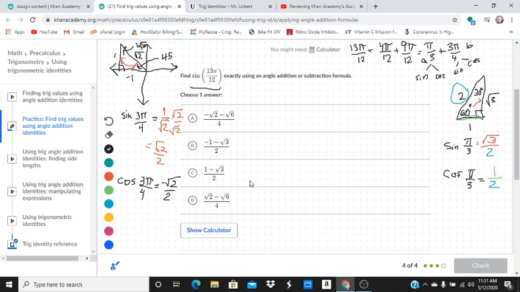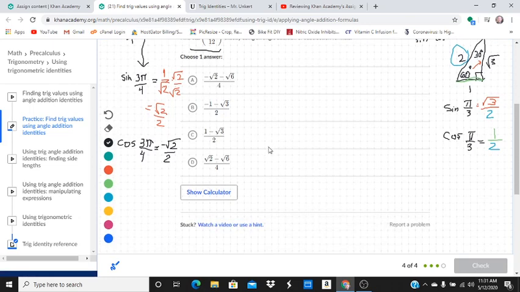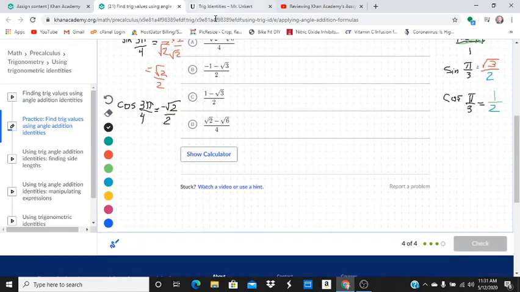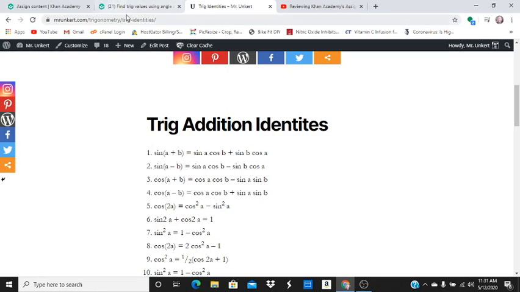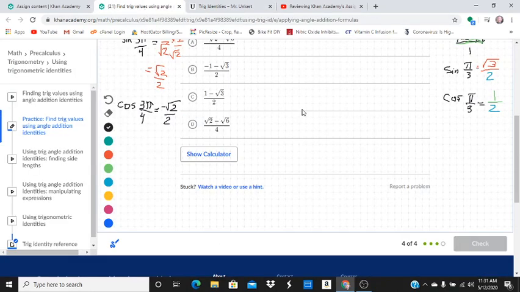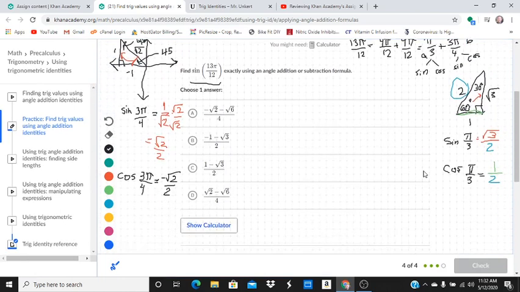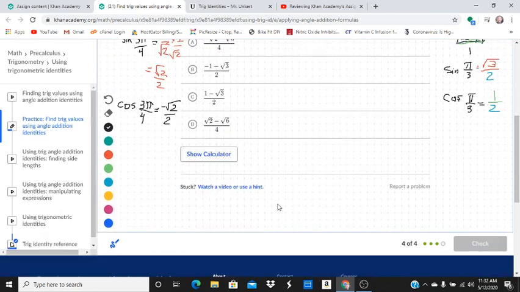Okay, so let's put this all together. All right, so we're going to use this formula. So sine A times cosine B. So A is going to be pi thirds. So we're going to do square root of 3 over 2 times cosine of B, the negative square root of 2 over 2.